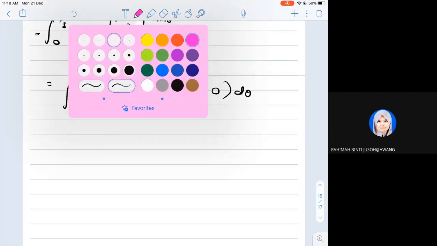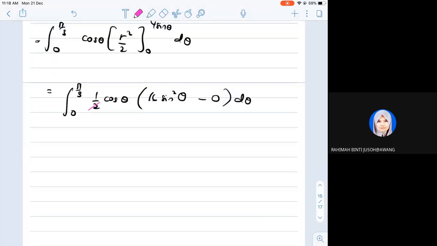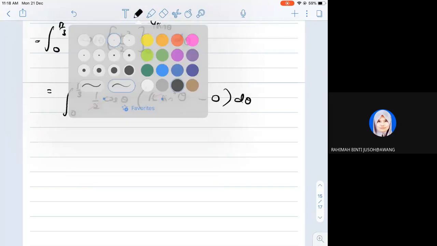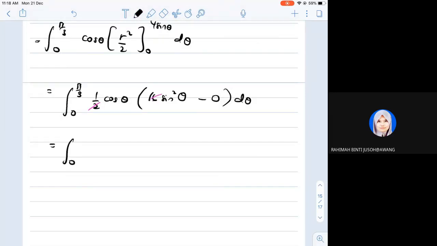So 1 over 2 times 16, we have 8. So it becomes 0 until pi over 3, 8 cos theta sine squared theta, d theta.